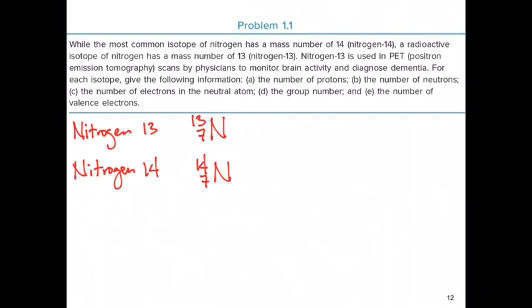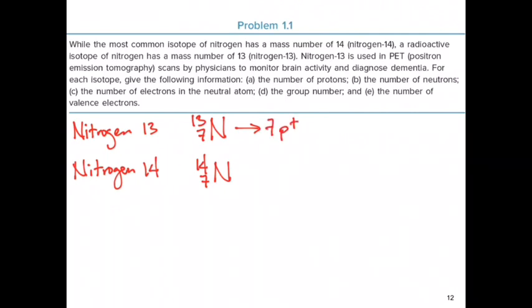And so what you're going to do is subtract the two numbers, and what you have is the number of protons. All right, so 13 minus 7, that gives us 6 protons. I'm sorry, 7 protons. 7 protons.